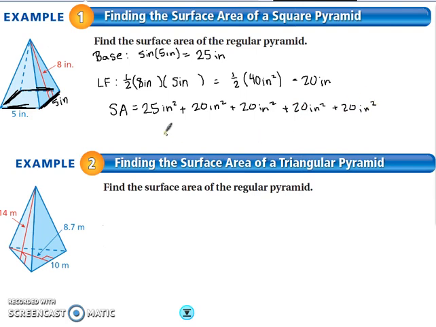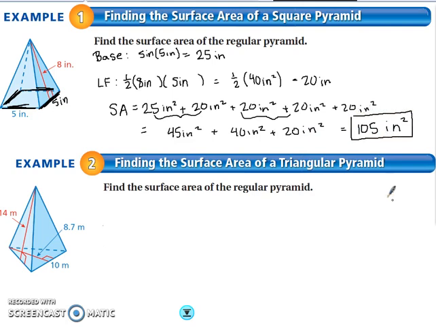When I do that, I have 25 square inches plus 80 square inches, which simplifies all the way down to 105 square inches. So if we are going to cover the entire surface of this pyramid, we find that it will take 105 square inches of material.